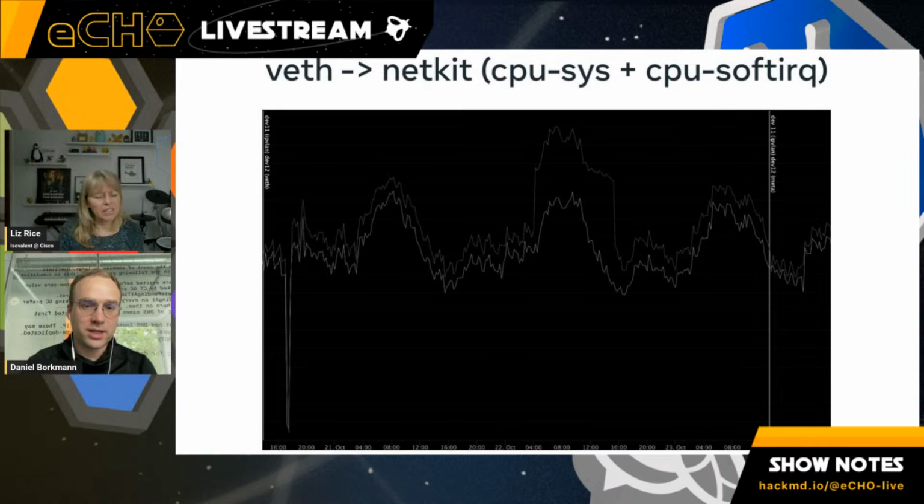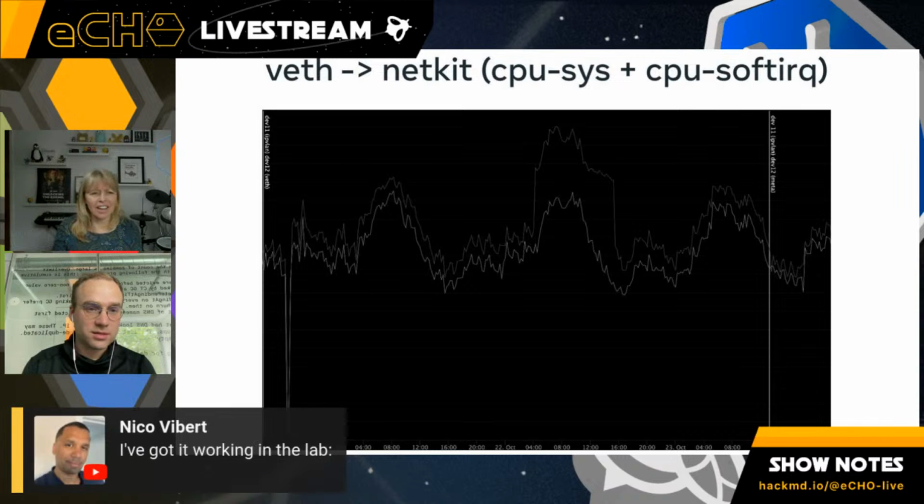So it's actually already out. It was released back in April. 24.04 has kernel 6.8, I think. Yeah, brilliant. And Nico says he's got it working in the lab. Very cool.